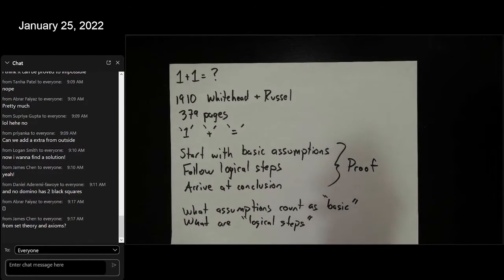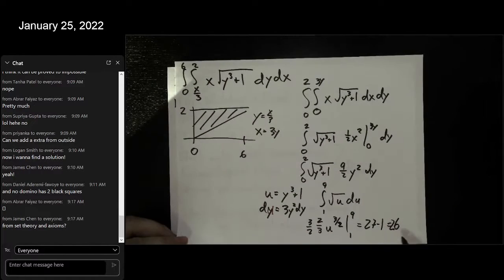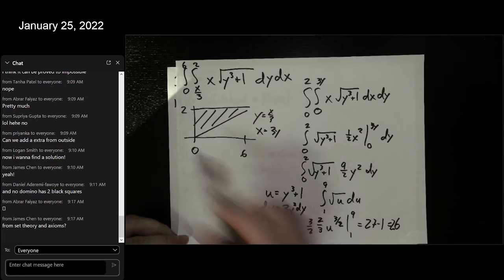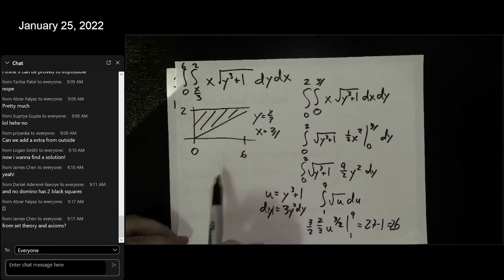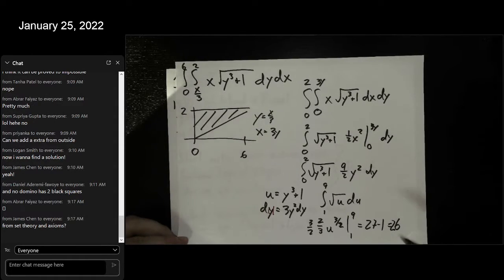We go back to this calculus problem. Maybe some of you are convinced by my answer of 26, but it sounds like a lot of you did not follow what was going on here. If I take this problem and show it to a professional engineer, they'll go, okay, yeah, I checked your work. That makes sense.